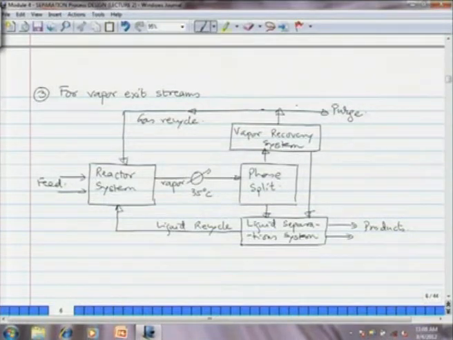Vapor recovery recovers all the solute vapor, the non-condensable gas is recycled and purged, and again you see a stream coming from the vapor recovery system into the liquid separation system for the recovery of solute from the solvent and recycle of solvent to the vapor recovery system.